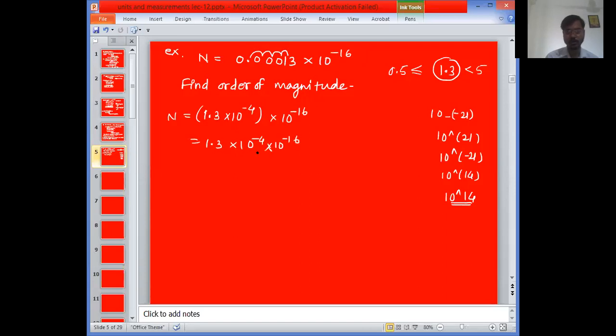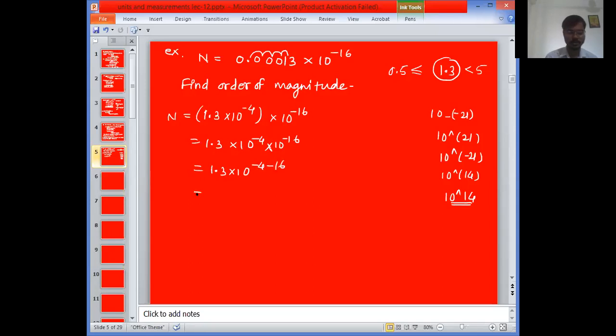Here you can observe the base is the same, and it is multiplication, so we do addition of indices. Base same, 10, 10, base same, right? Multiplication, base same, addition of indices. Minus 4 plus minus 16. Plus minus is minus.